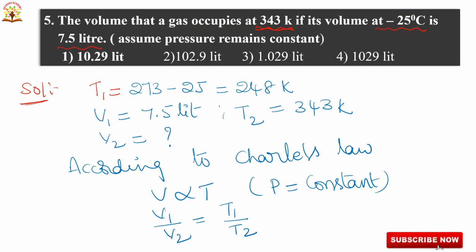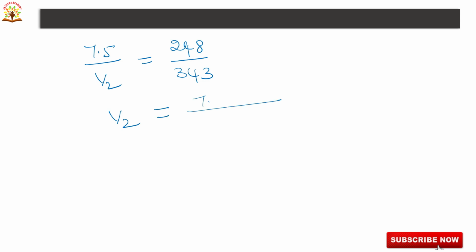So now substituting values, V1 nothing but 7.5 by V2 is equal to T1 248 and T2 they given as 343. So now taking cross multiplication, V2 is equal to 7.5 into 343 by 248.